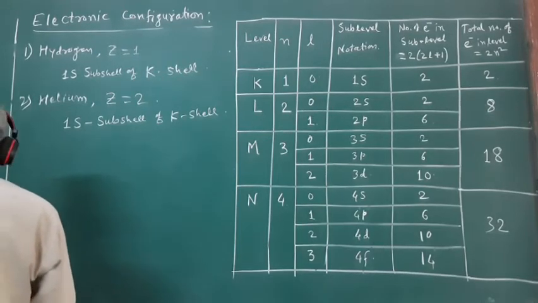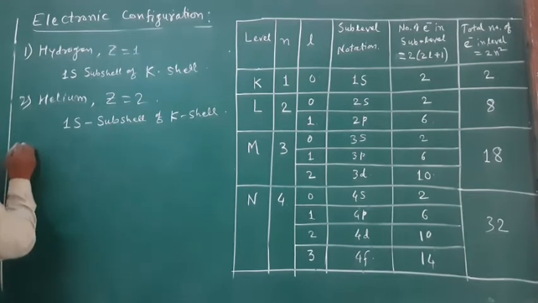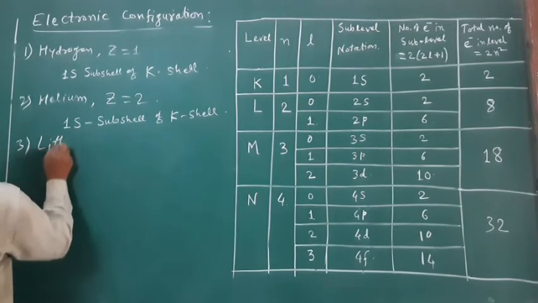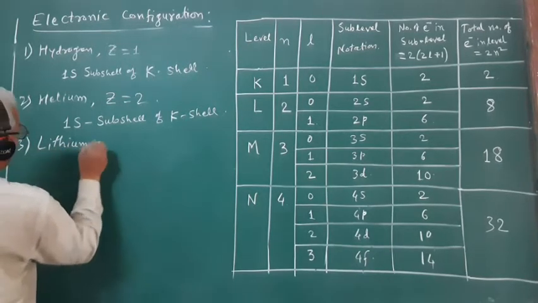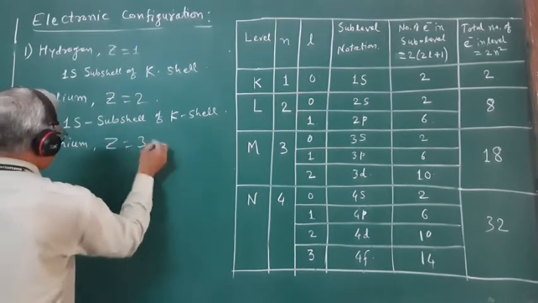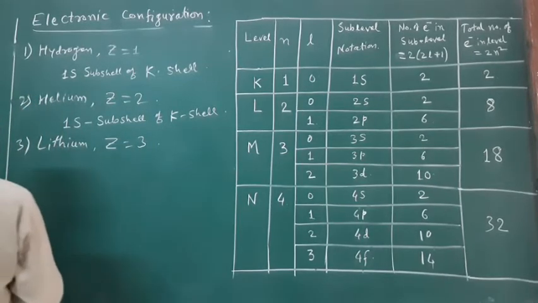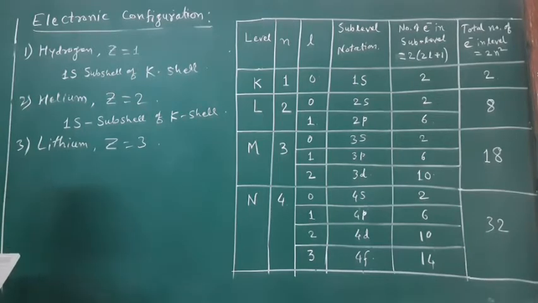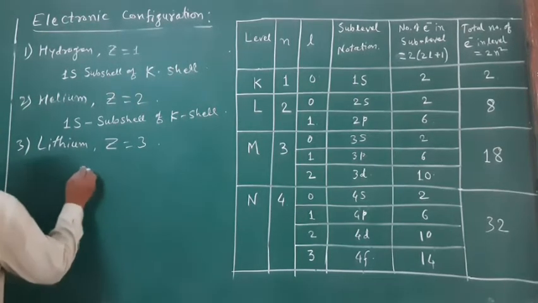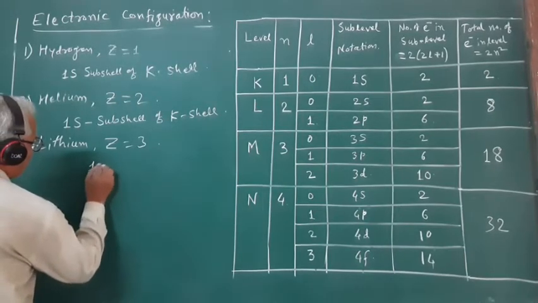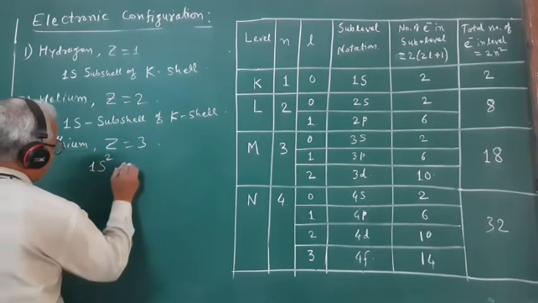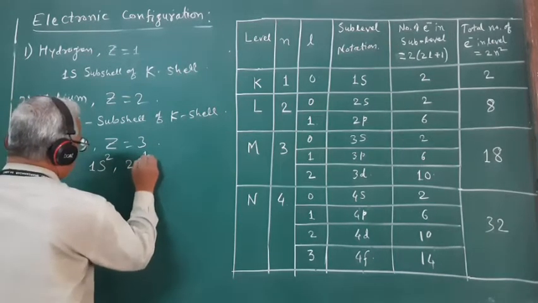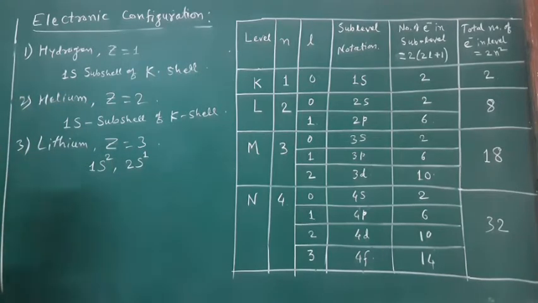Then the third atom is lithium, for which the atomic number is 3, and out of these 3 electrons of the lithium atom, 2 electrons will be accommodated in the 1s level, and the third electron will be accommodated in the 2s level.